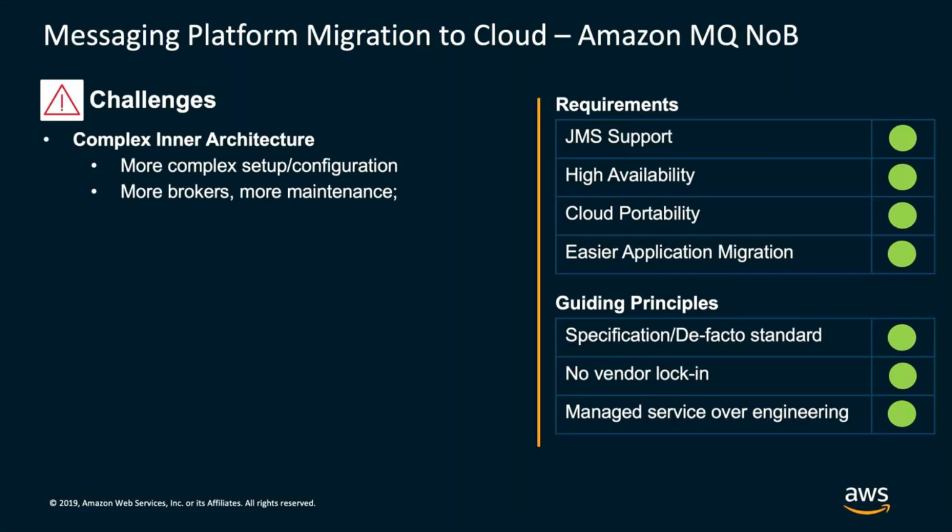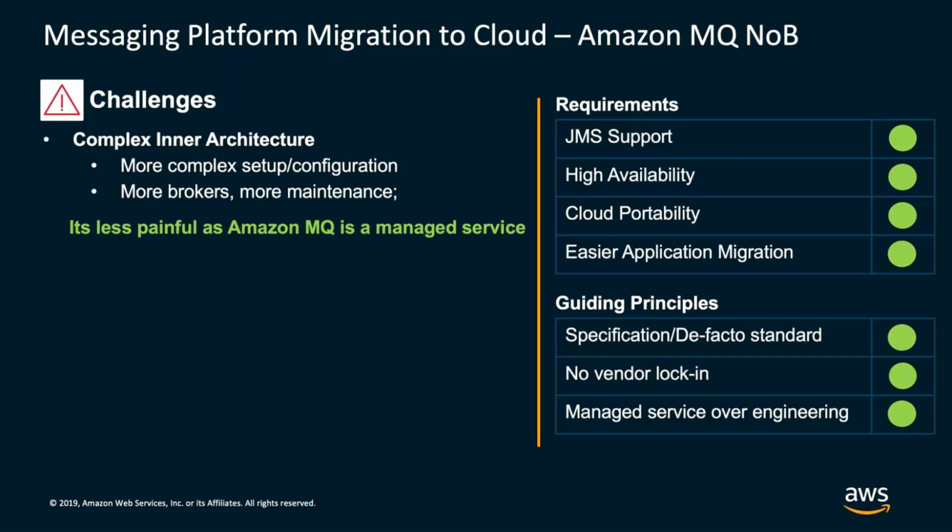And the setup and configuration could be complex, because you have a lot of network links to be set up, configured, managed, and so on. But guess what, it's not that painful, because Amazon MQ is a managed service. AWS does a lot of heavy lifting for you.